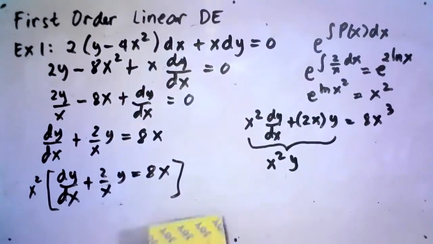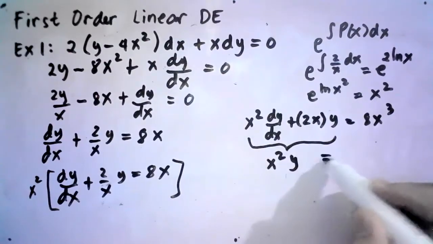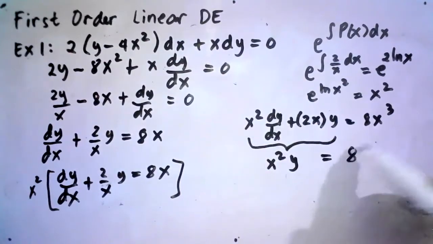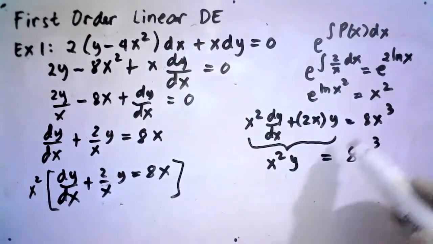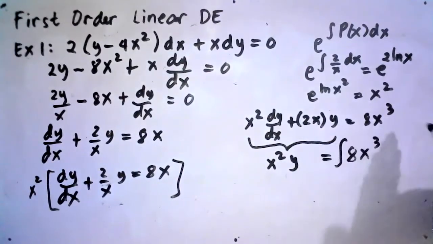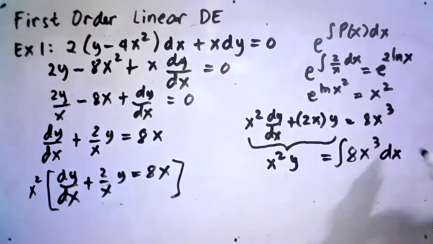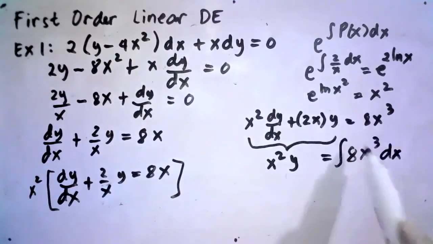Now, that is now the result of this part, which is equivalent to 8x cubed. This time, we will integrate this part. Integral of 8x cubed dx. So we will apply integration to this part.